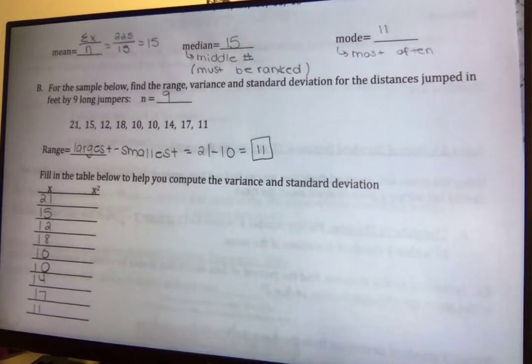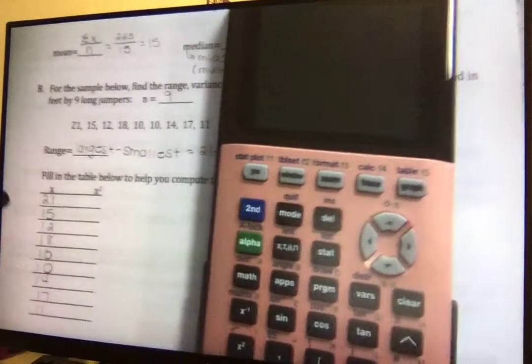All right, so going back to variance and standard deviation. This chart asks us to find x squared. So I want to take our x column and square it.